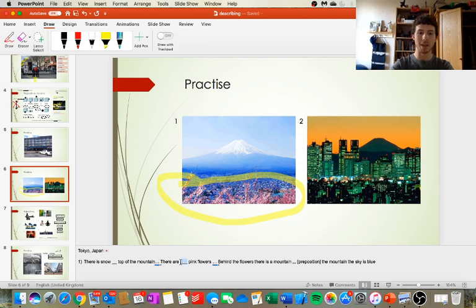What about how many word? So we could say there are some pink flowers, some. There are some pink flowers. Behind the flowers, there is a mountain. What about here?